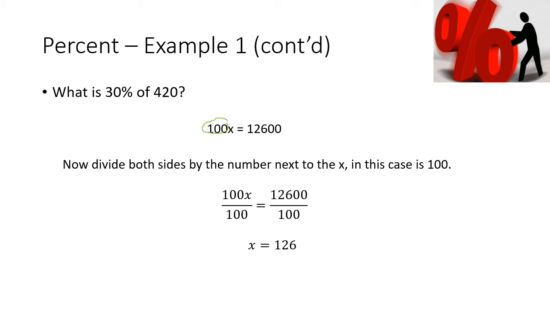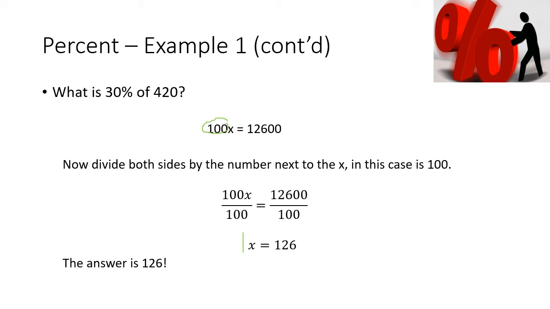And 100 divided by 100 is just 1. We don't write that 1. That's why it's blank here. And 12,600 divided by 100 is 126. That's the answer. What is 30% of 420? 126. All right, that was easy.